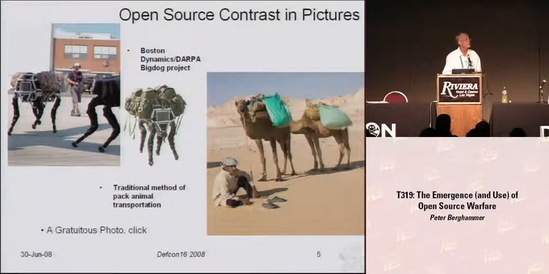Essentially, it's a very sophisticated robot that works on four legs, walks around, and as you can see, it carries packs, et cetera. And that is an adaptation of probably one of the oldest forms of military transportation known to man, which is a camel. Elephants also qualify in this instance, but this is a camel.